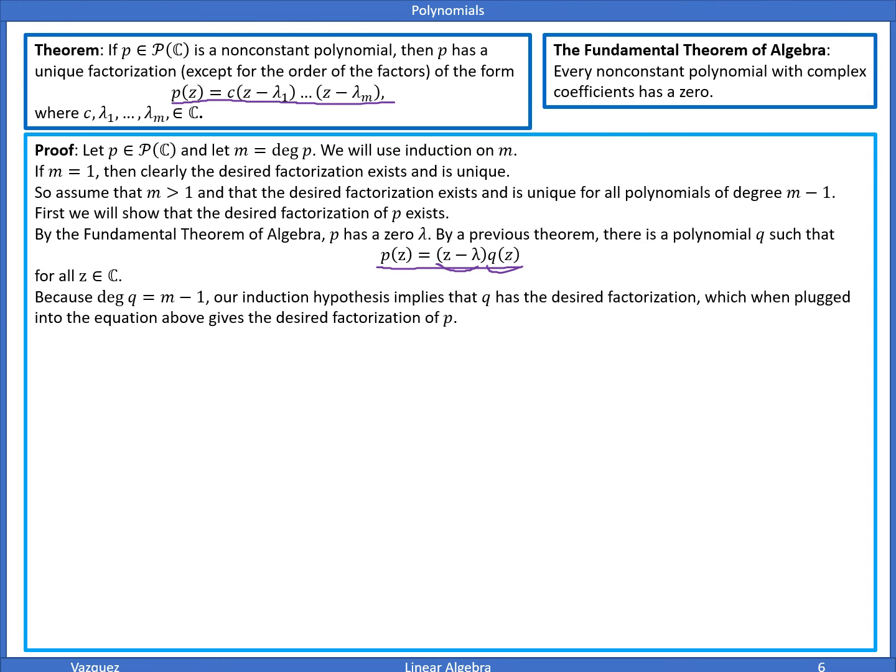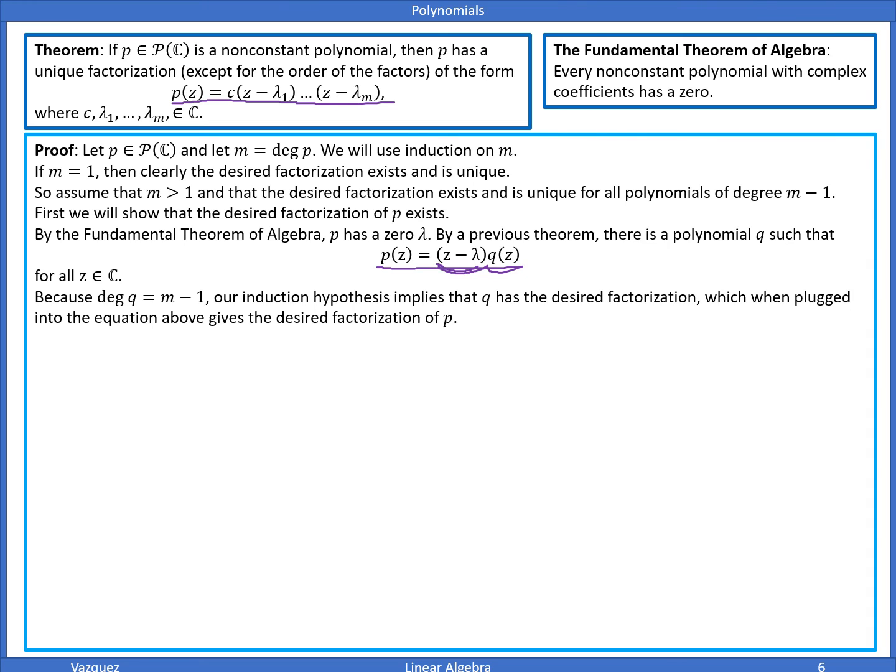Well, because the degree of q is equal to m minus 1, our induction hypothesis implies that q has a desired factorization. And when we plug it in, we're going to multiply it with this one. And it gives our desired factorization of p.